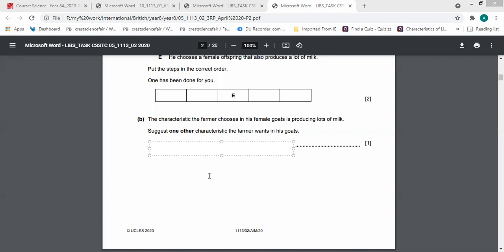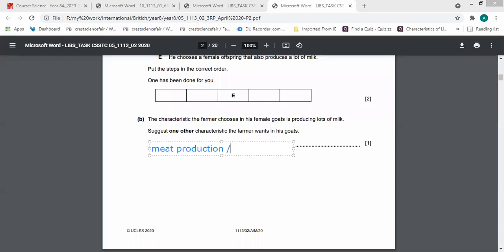Okay, so we can say, out of the question, meat production, size, good tasting, all of these characteristics are right. Okay, so we can write meat production, no problem.